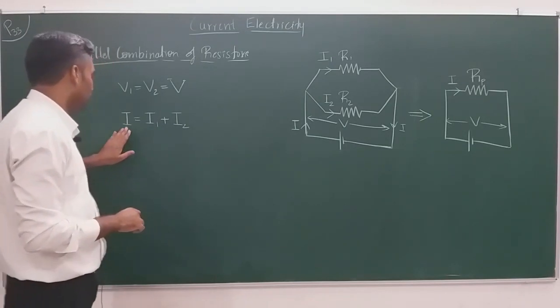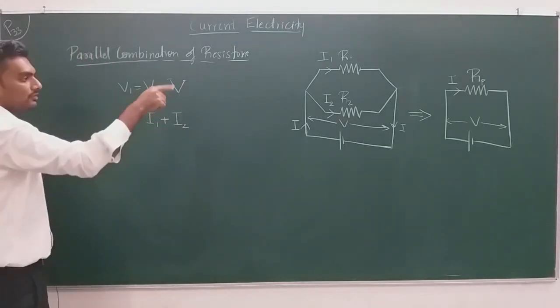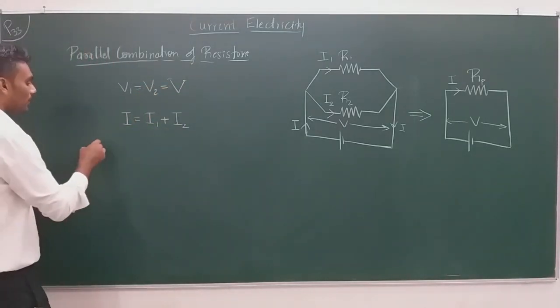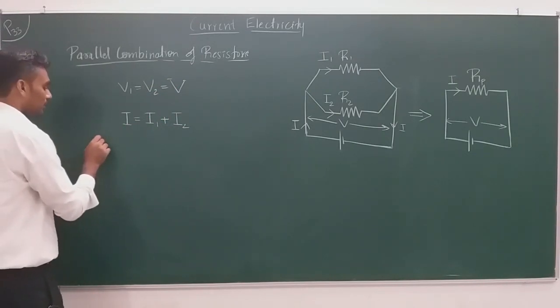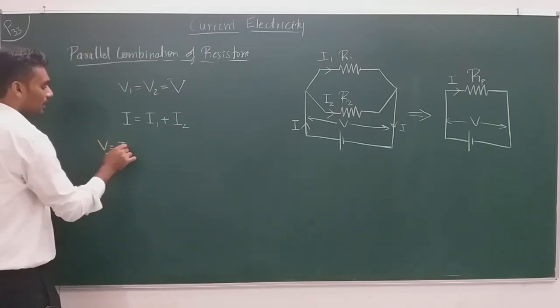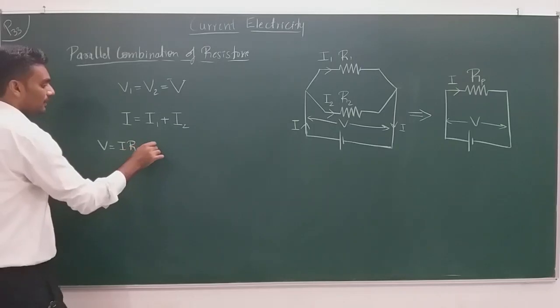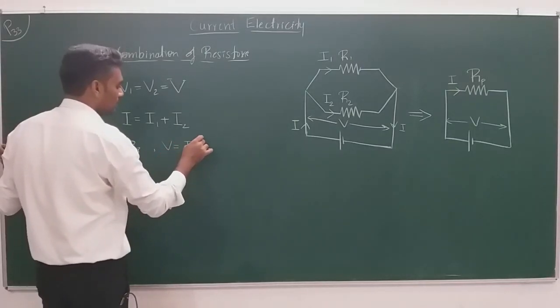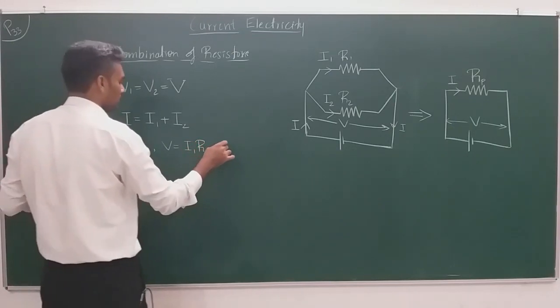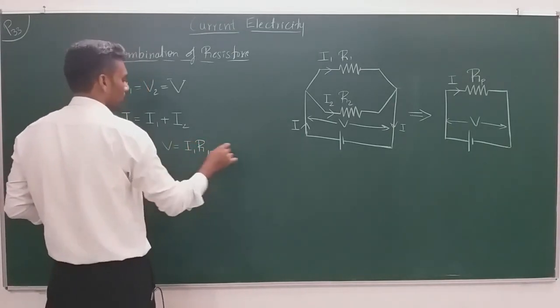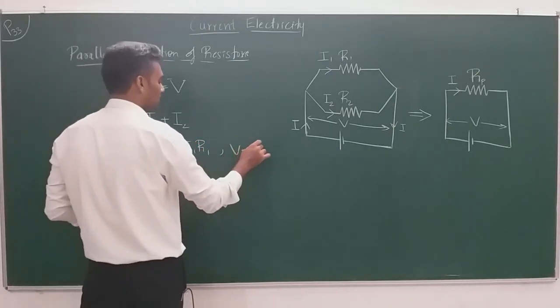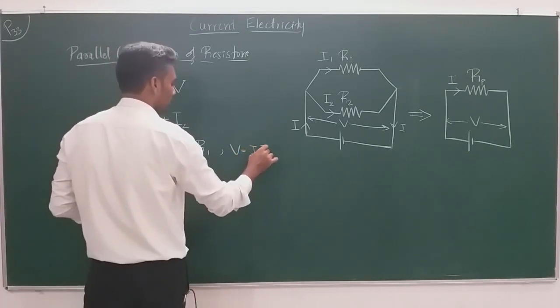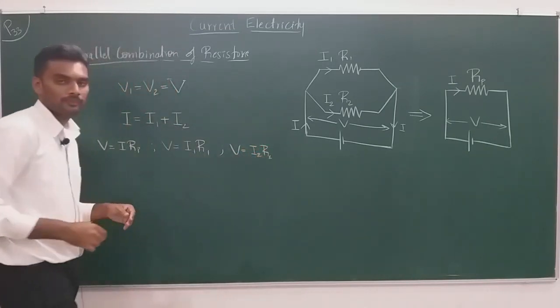So from Ohm's law, writing Ohm's law for all the three resistors given, I can write V is equal to I Rp, V is equal to I1 R1, the same V is equal to I2 R2, right.